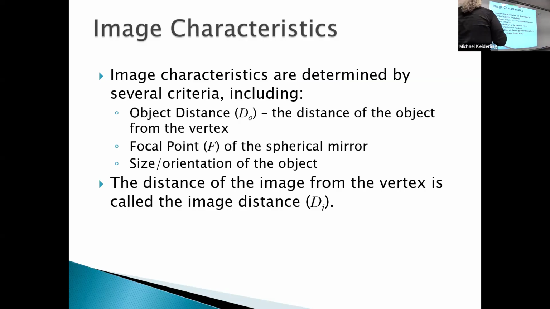So if you're trying to find the image distance, it works out to 1 over focal length minus 1 over object distance. And if the image distance is positive, the image is real. If the image distance is negative, the image is virtual.